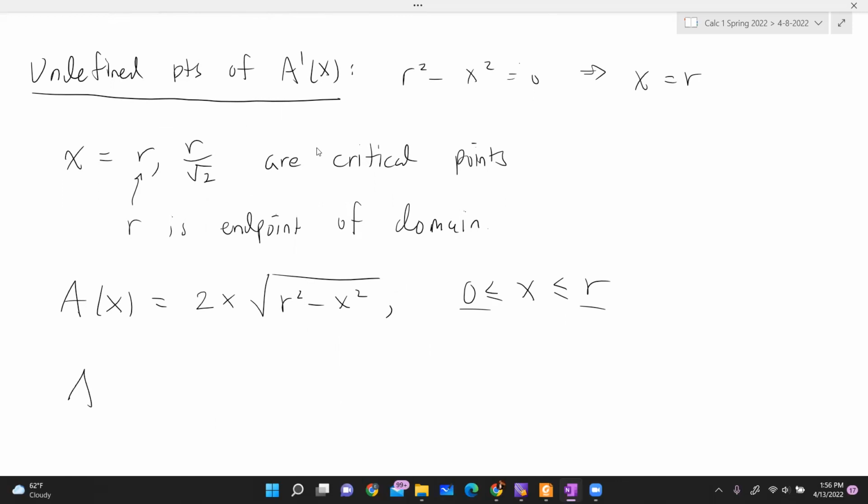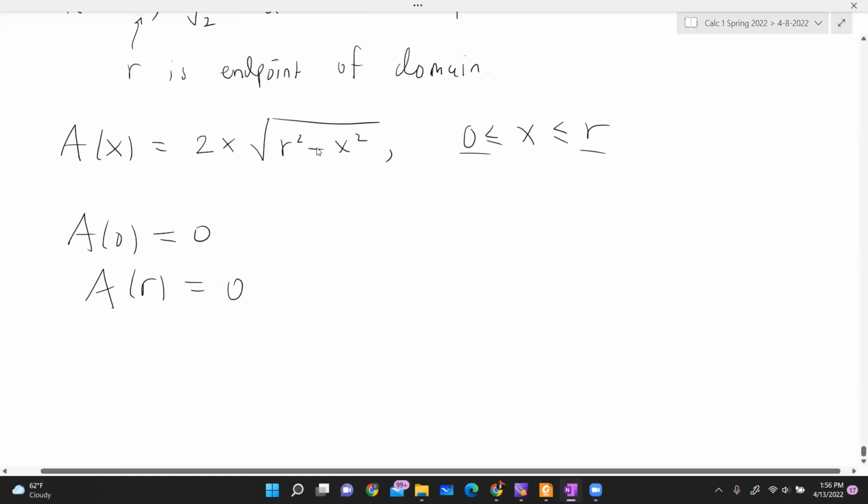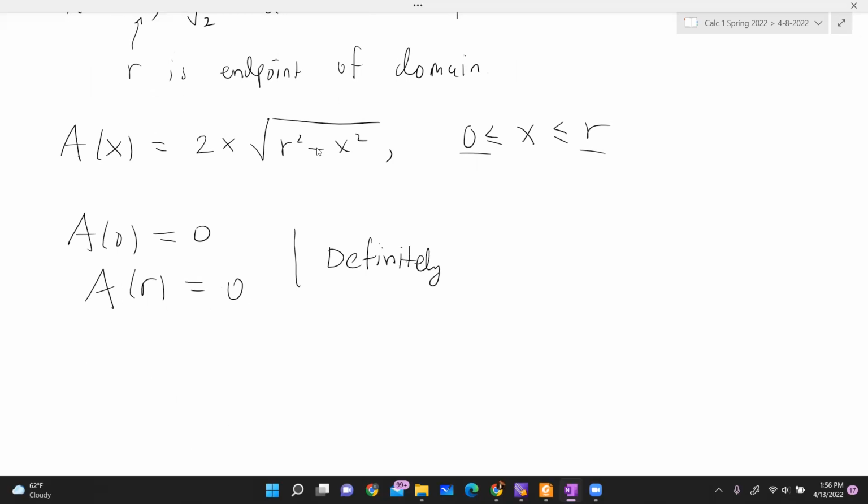But you can see that a of 0 is 0, and a of r is 0. So they're definitely not maximal values.